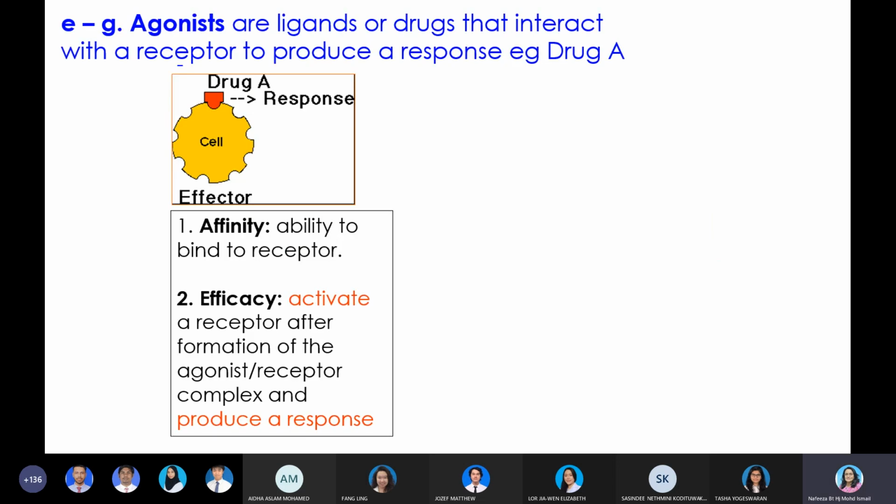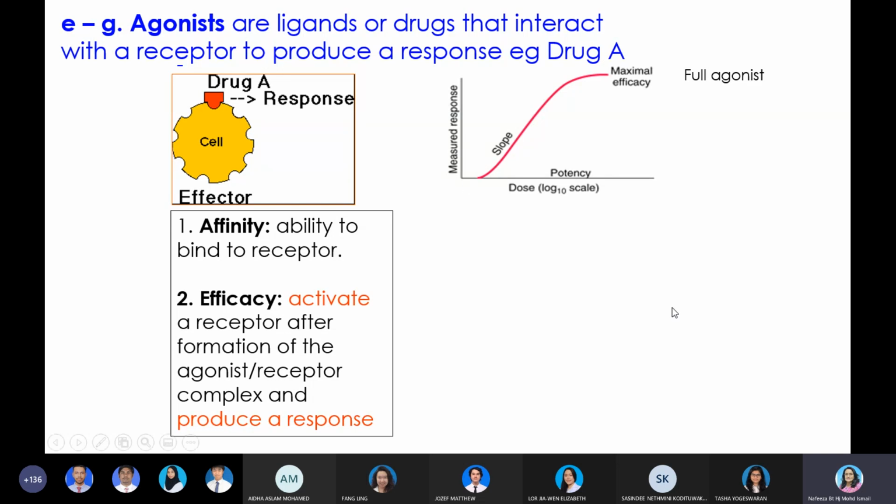So again, we've said what affinity is and what efficacy is. Now look at this. This is a full agonist. A full agonist is a drug that can give maximum response, maximum efficacy. Look at the x-axis. As you increase the dose, you increase the response, whatever response that you're measuring.